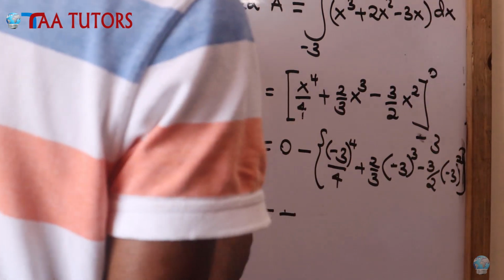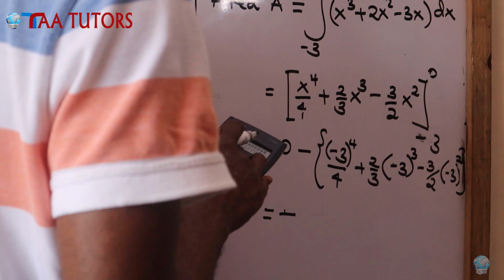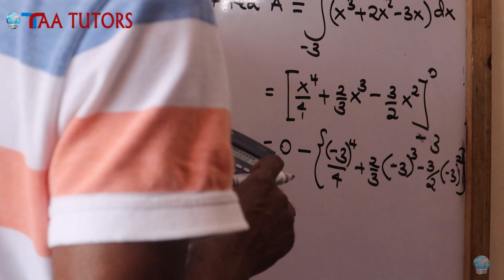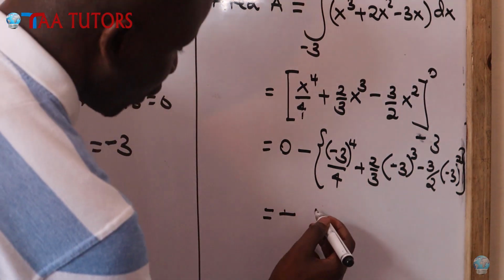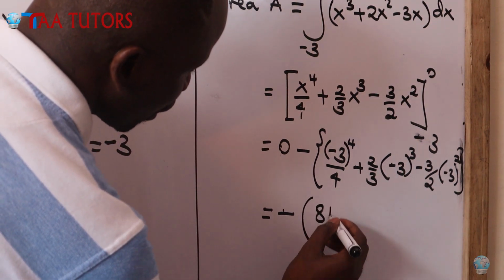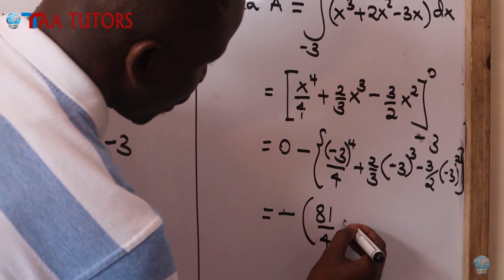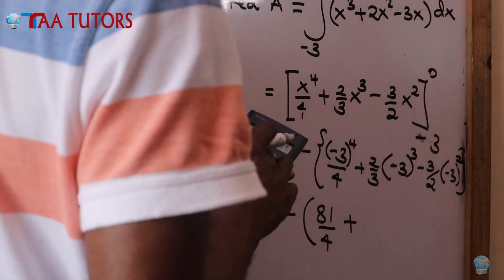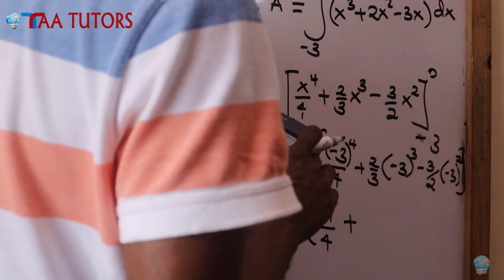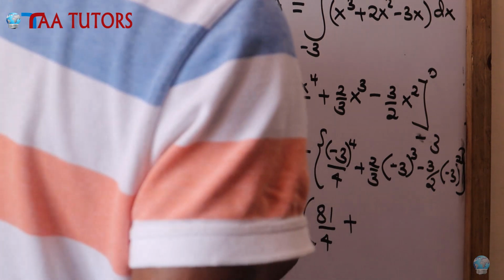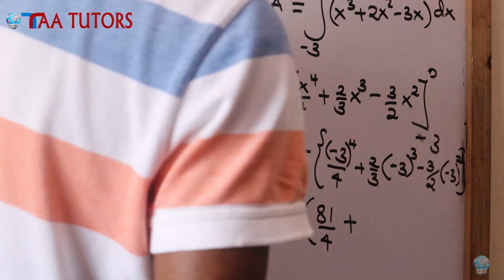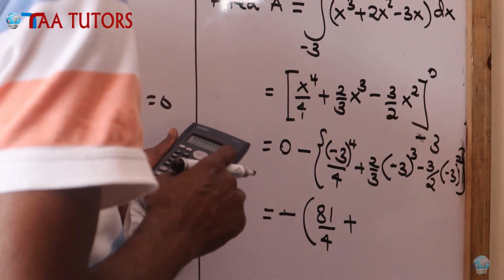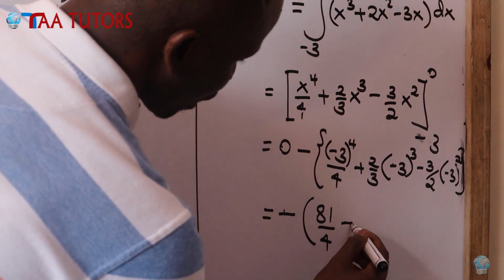So I move forward by saying negative: negative 3 power 4 should be 81 over 4, positive, plus negative 3 cubed is negative 27. Negative 27 times 2, then divided by 3, that's negative 18. So this one will be minus 18.